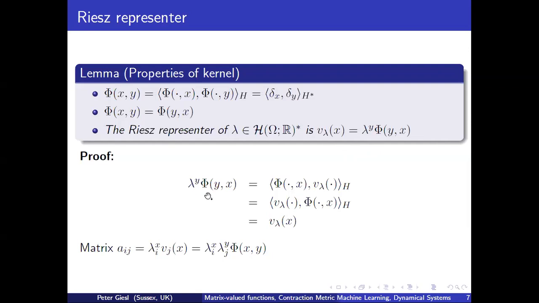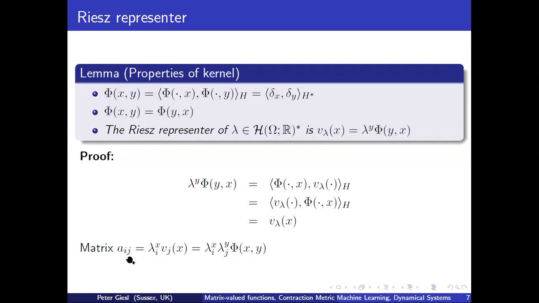To see that this is true, we just start from the right-hand side. We start here using the property of the Riesz representer. We can write lambda y as the inner product of this function here with a Riesz representer. We can switch the order in the inner product, and then the last property is the reproducing kernel property, and that establishes this equality.